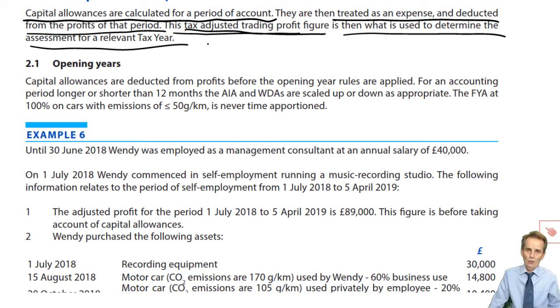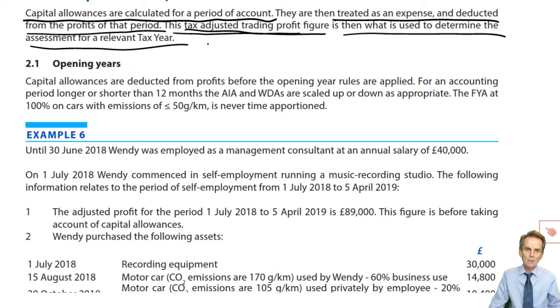And it is a simple apportionment. If we've got a 6-month period, 6/12 of 200,000 would be £100,000. If it's a 9-month period, 9/12 of 200,000 would be 150,000. If it's a 15-month period, well, 15/12 of 200,000 will, I think, be £250,000.